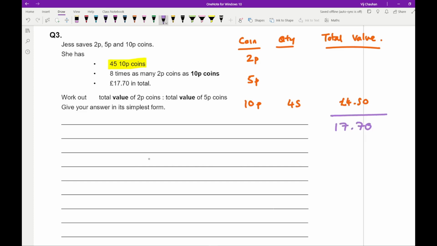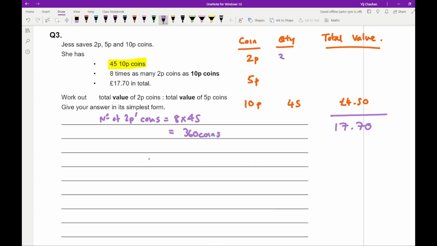So the next thing we then need to do is use the next bit of information. So it says 8 times as many 2p coins as 10p coins. So we know that we've got 45 10p coins. So the number of 2p coins is going to equal 8 times 45, which if I type that into my calculator, I'm going to get 360 coins.